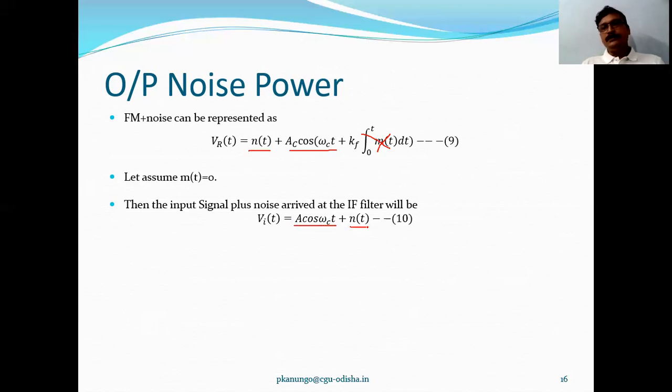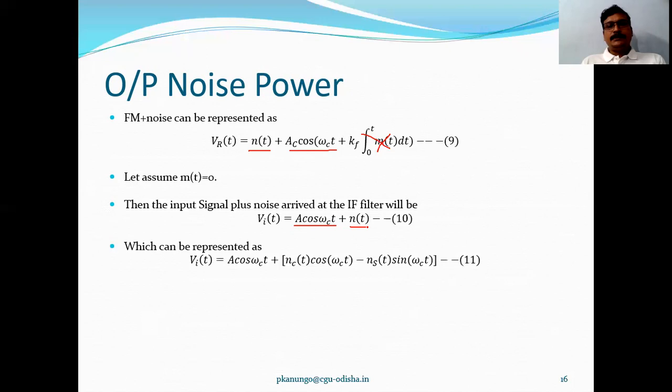Most of the time we take such assumptions to simplify the procedure, for mathematical tractability or simplicity. Now the noise component NT is represented as NCT cos omega CT minus NST sin omega CT.